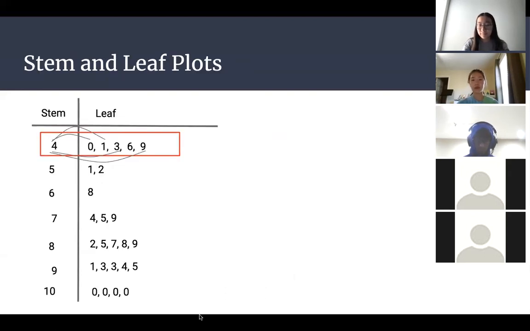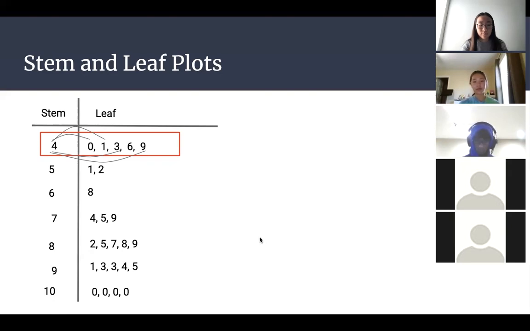So next we're going to go over stem and leaf plots really quickly. They look kind of weird when you first look at them, but they're actually really simple to read and use. It's just another way to write out a bunch of different numbers in a more organized format.